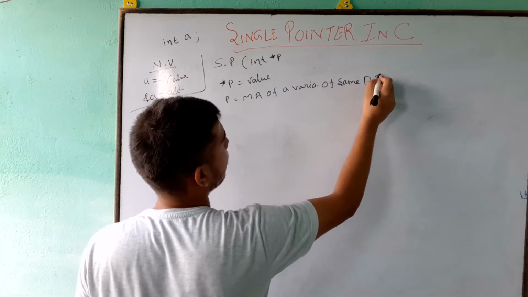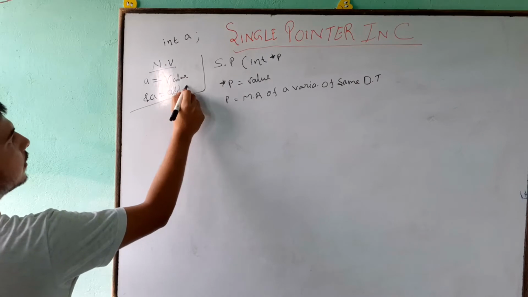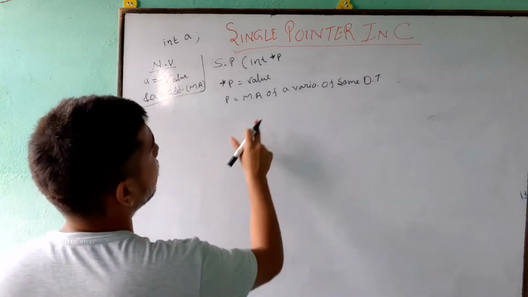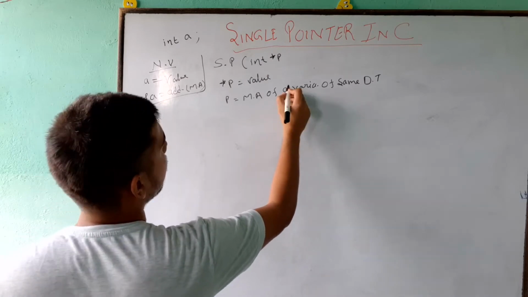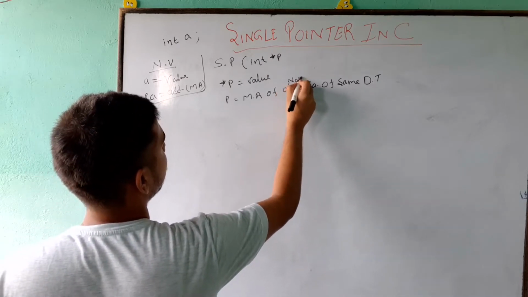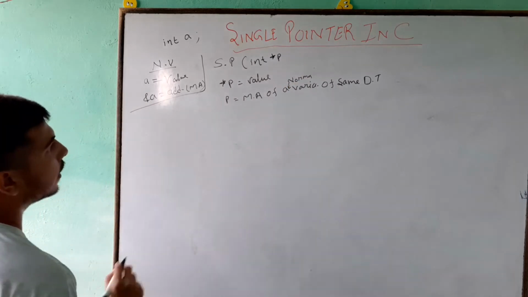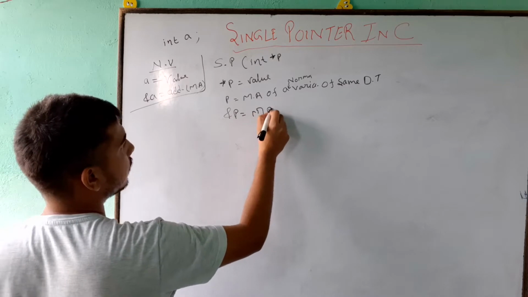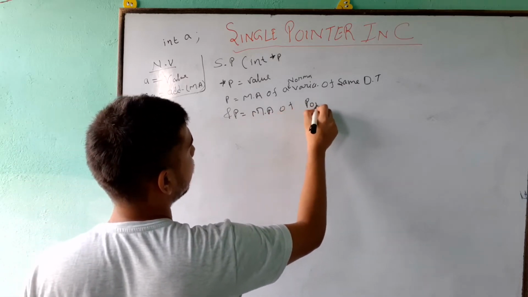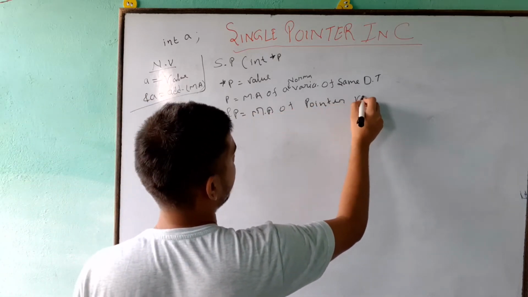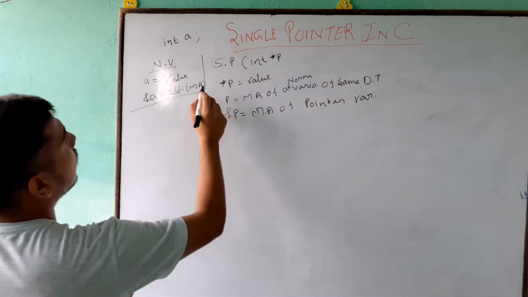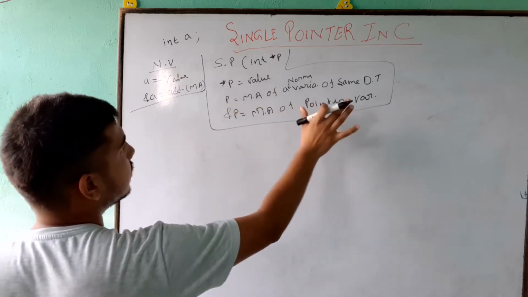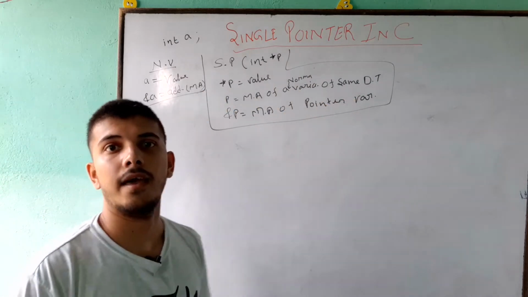Remember, we had called it the main address of a normal variable. And &p is the main address of the pointer variable. You have to remember this, always remember this, and for any other things it will give us an error.